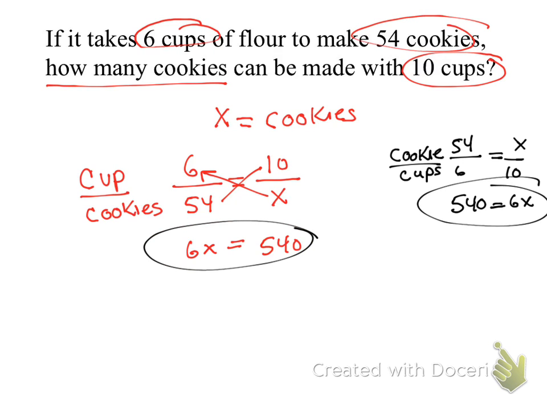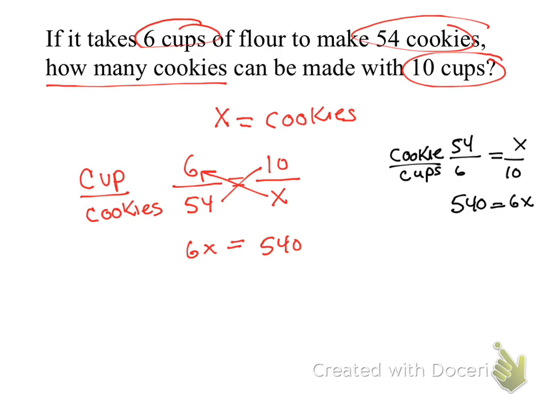It doesn't matter what you do as long as you keep it straight in the numerator all the way across and then the denominator. I really like it when you set it up with words to keep it straight in your head. And then we're dividing by 6, X equals 90, and 90 represents 90 cookies. 90 cookies for 10 cups.